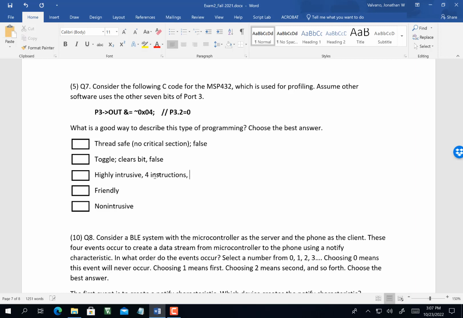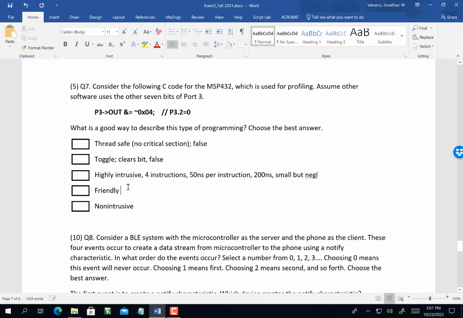So you have about 50 nanoseconds per instruction. This is going to be 200 nanoseconds. And usually this 200 nanoseconds injected into real-time code has a small but negligible effect. So that's minimally intrusive. So that's false.